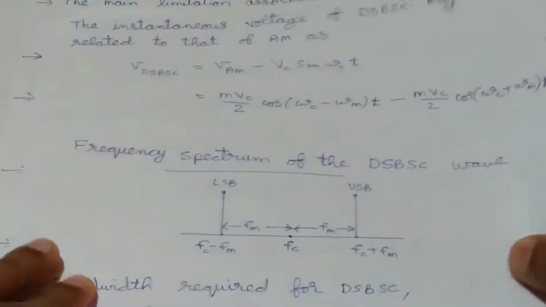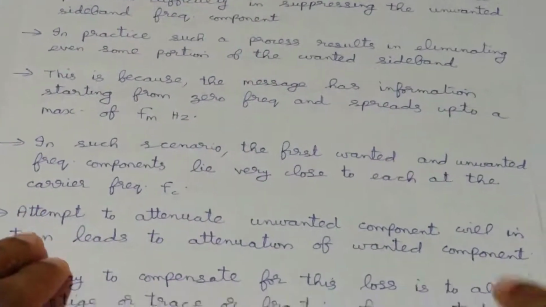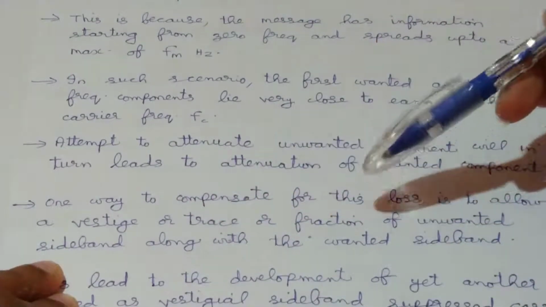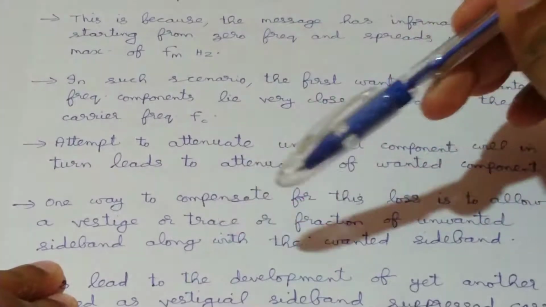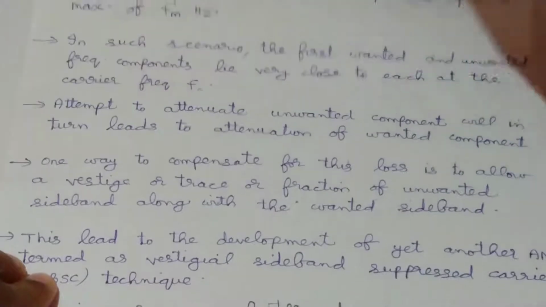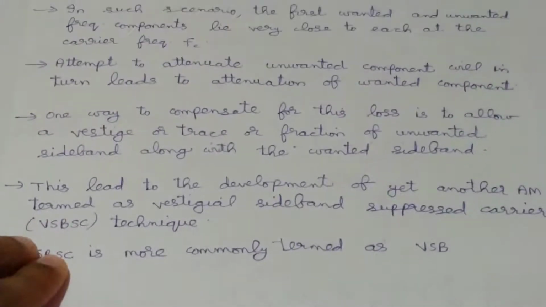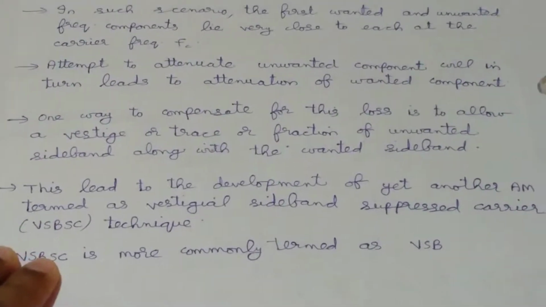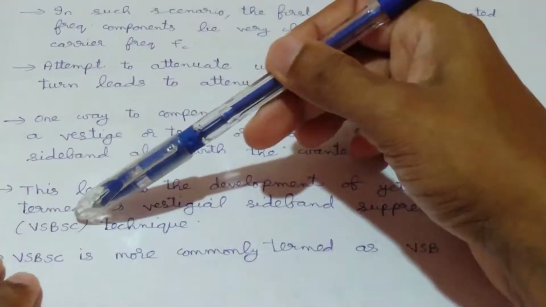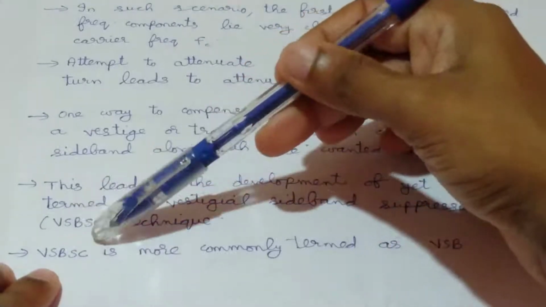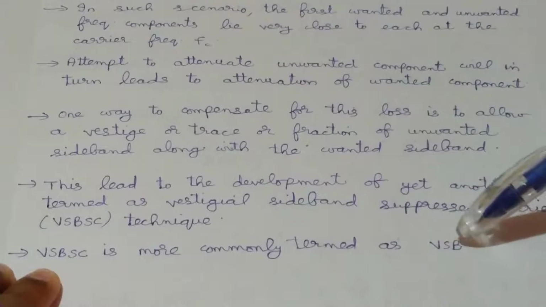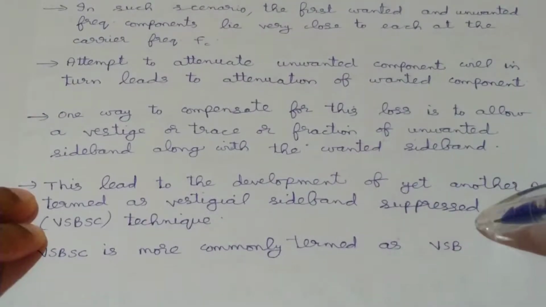One way to compensate for this loss is to allow a vestige, or trace, or fraction of the unwanted sideband along with the wanted sideband. This thought process led to the development of yet another amplitude modulation termed the vestigial sideband suppressed carrier technique, or VSB-SC. It is more commonly termed VSB, vestigial sideband, with the suppressed carrier as implied.